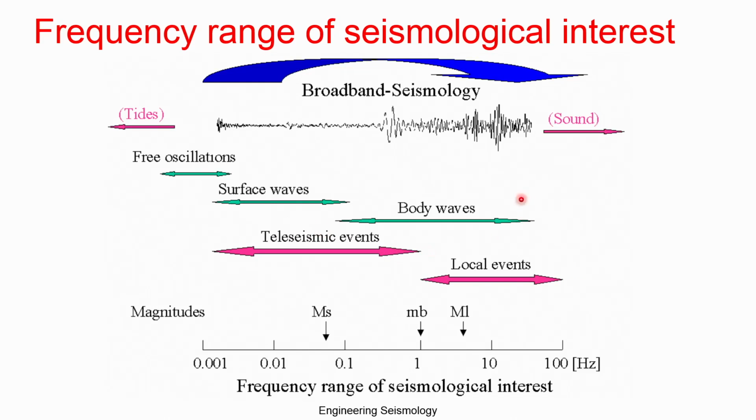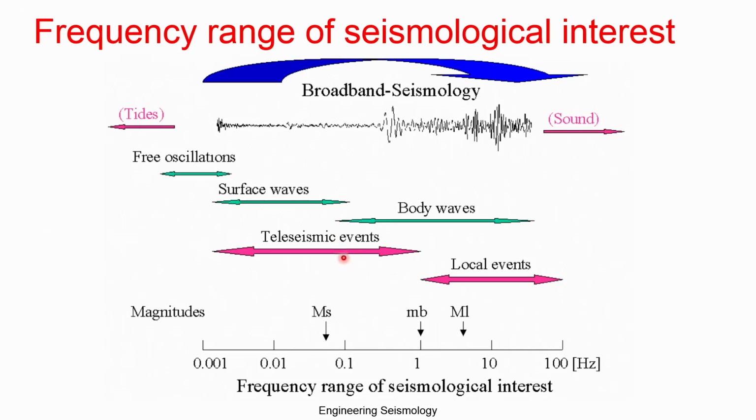Another one we have seen is the local event, which is recorded by the regional seismic network, which I have discussed. A regional network is basically instruments operated to measure earthquakes happening within the region. Body waves are predominantly found in the regional network, and surface wave and body wave composites are predominantly found in the teleseismic or very broadband record.